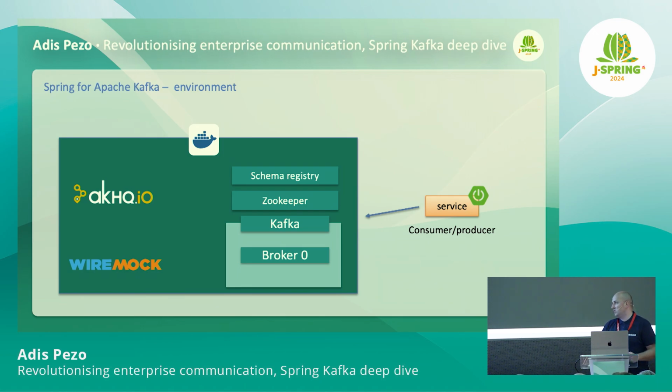And I use WireMock because I'm making an API call, because in big corporations we don't only have Kafka, but we also have some older stuff that still needs API calls. And then, of course, the service that is built in Spring Boot as a producer and a consumer.